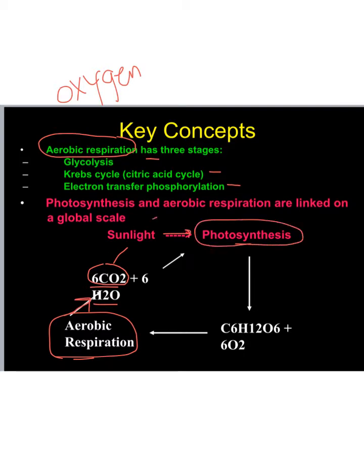So this process up here occurs in plants or other photosynthetic organisms. When they carry out photosynthesis, they produce glucose. That's what they use as their food source. But they give off oxygen, and that's the key to the linkage, because we utilize the oxygen to carry out aerobic respiration. So you can see this is a linked process between aerobic respiration and photosynthesis. And we'll be talking about the ways that they're linked throughout this chapter and the next chapter.